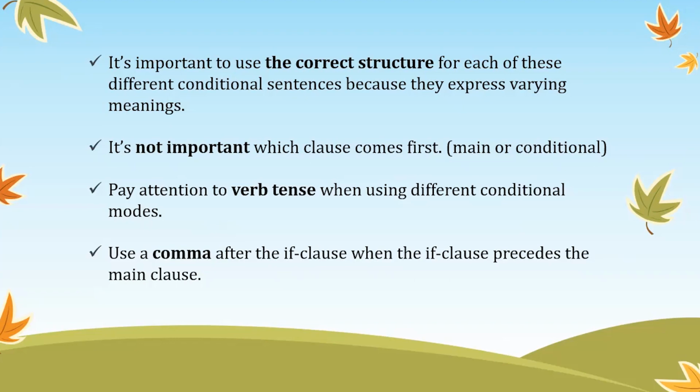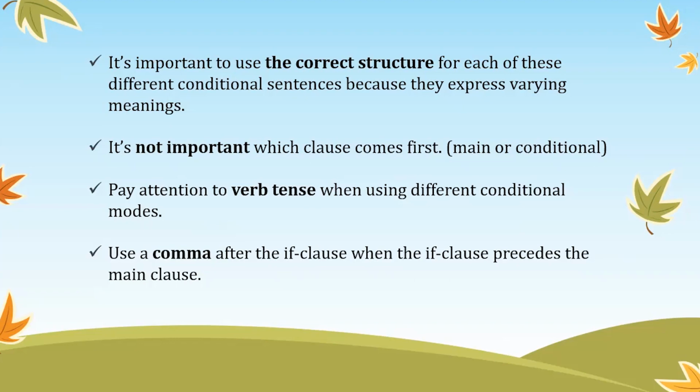You should be aware of the clauses that we use along with conditional clauses, like the most important clause, the main clause, and along with that we use the if clause or a conditional clause. So you can put either the main clause or the conditional clause at the beginning. It's not a problem.